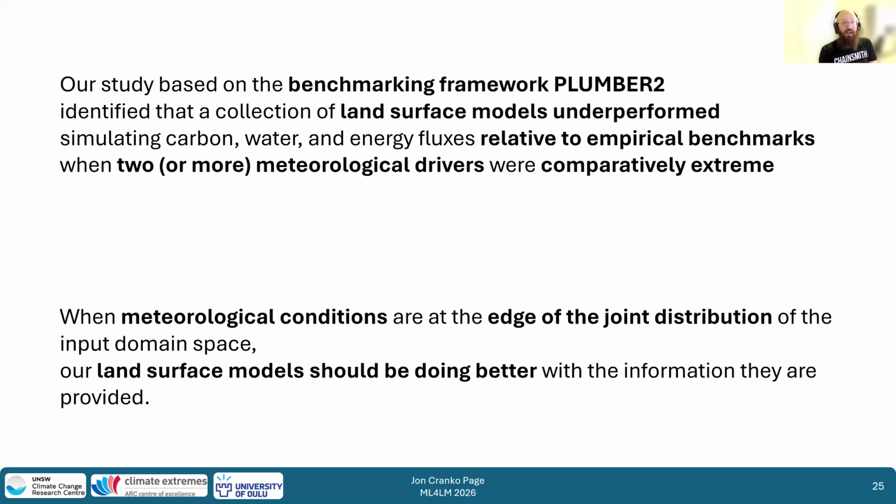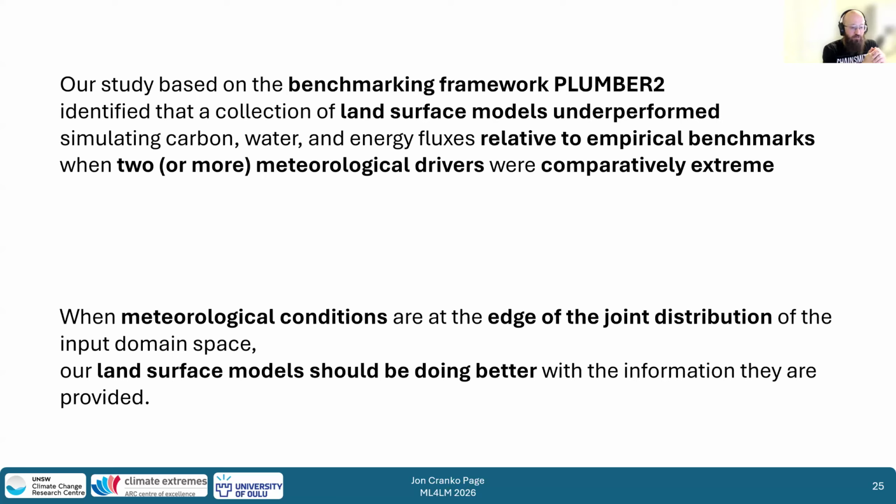So just to wrap up and summarize again, using the PLUMBER2 benchmarking framework, where we compared land surface model error to empirical benchmark error, it would appear that our land surface models could be doing better, that they're currently underperforming in and around the edge of the joint distribution of input space. The models also do well in certain places.